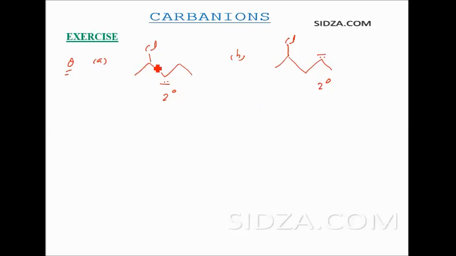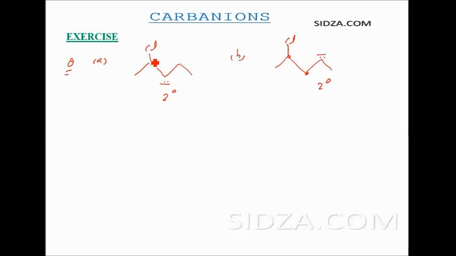But in this case, the electron withdrawing group, the chlorine, is a little bit closer to the carbanion. Here it is a little bit away from the carbanion. So the effect will be more here, because the inductive effect operates along the whole length, but it is effective when it is closer.